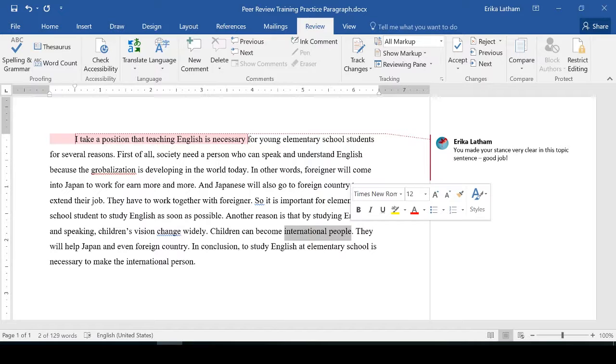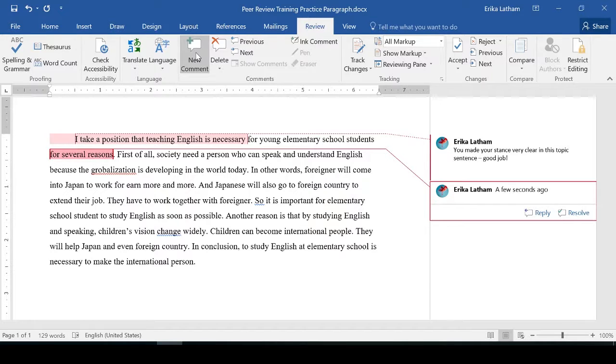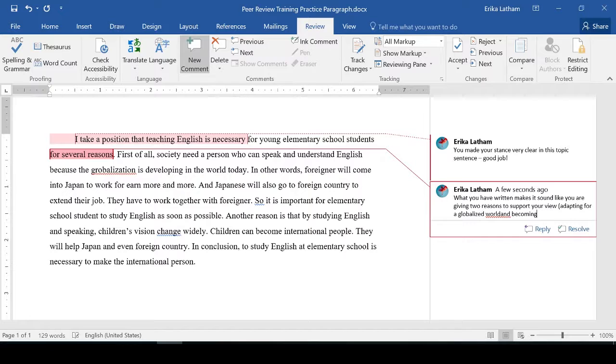So what should I write? Let's see. What you have written makes it sound like you are giving two reasons to support your view. Adapting for a globalized world and becoming an international person. But they sound kind of similar to me.